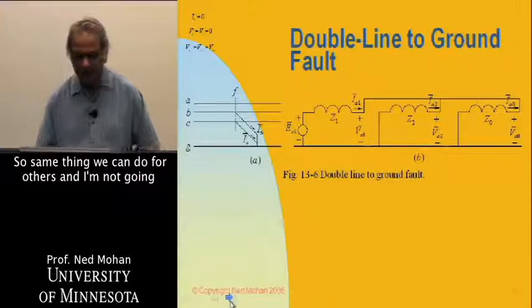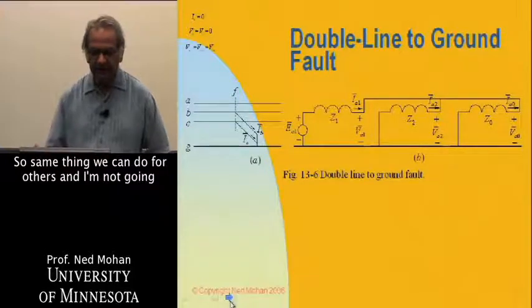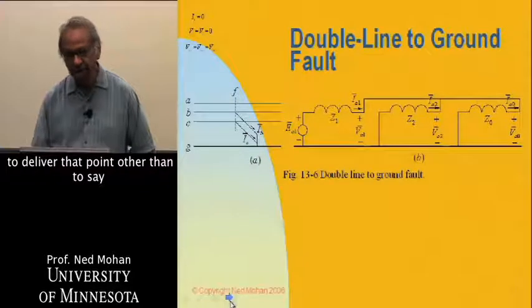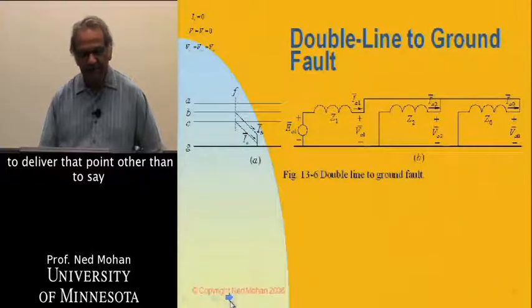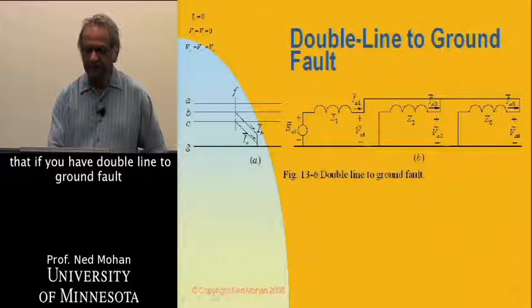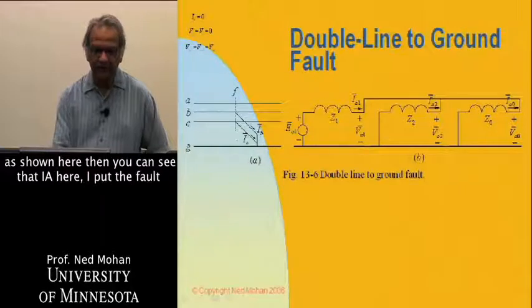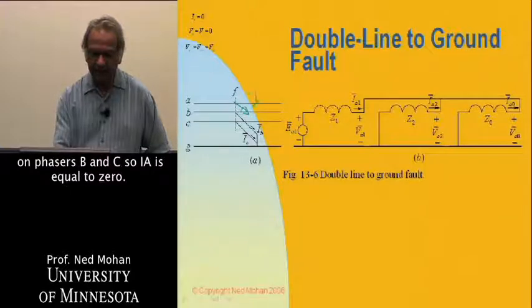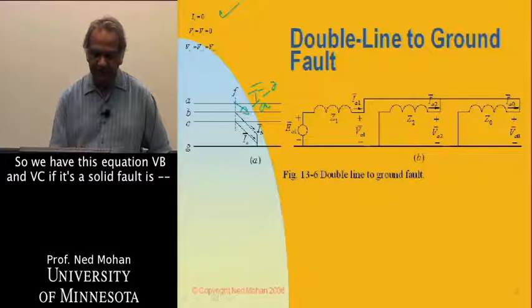So the same thing we can do for others, and I'm not going to belabor that point, other than to say that if you had a double line to ground fault, as shown here, with the fault on phases B and C, then IA is equal to 0. So we have this equation.